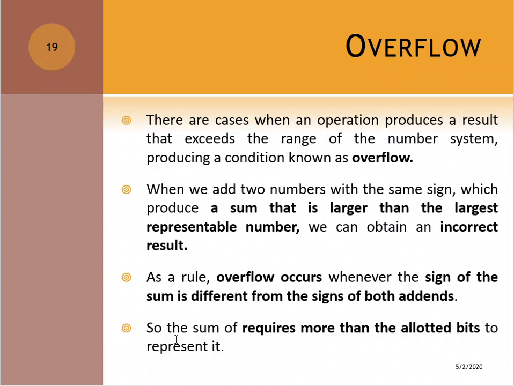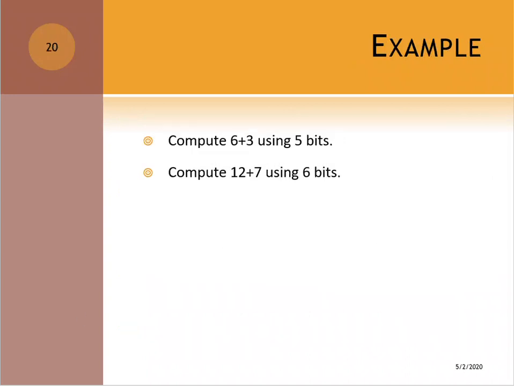So overflow occurs whenever the sign of the sum is different from the signs of both addends. When you add two positive numbers but you get a negative, that means overflow.